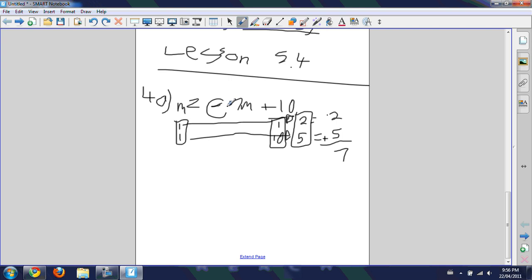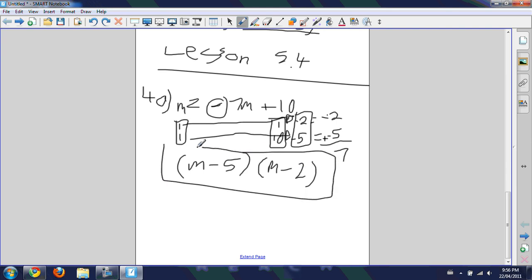But we need a negative here, so we would put negative here, which means that it will be m minus 5 and m minus 2. I put the 5 here because it has to be opposite, so it doesn't really matter because these are both 1s, but yeah, in this case, this is the final answer.